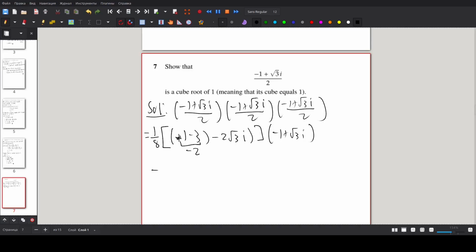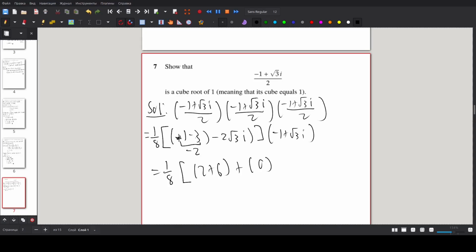So this is going to equal 1/8 times, if we do this again, you've got negative 2, so we're going to get 2 plus 6 plus, we get a 0 here. Let me just make sure that makes sense.